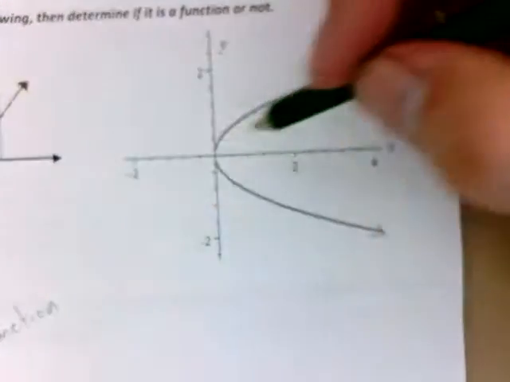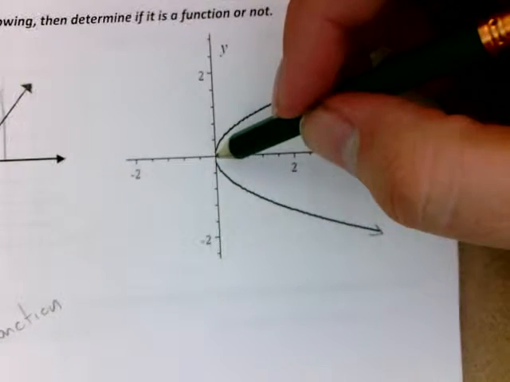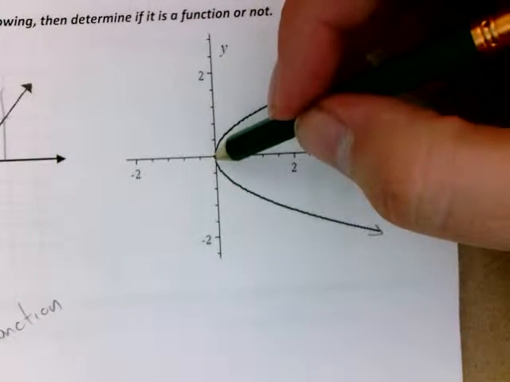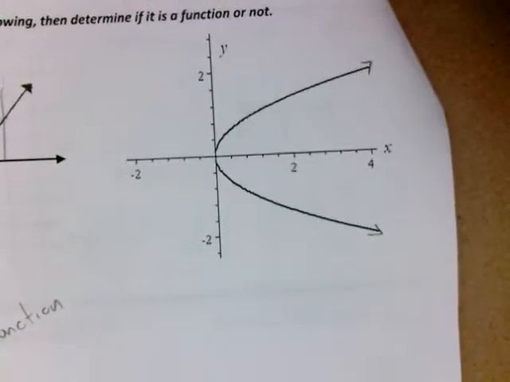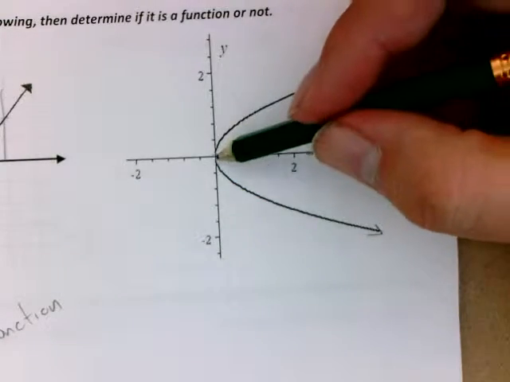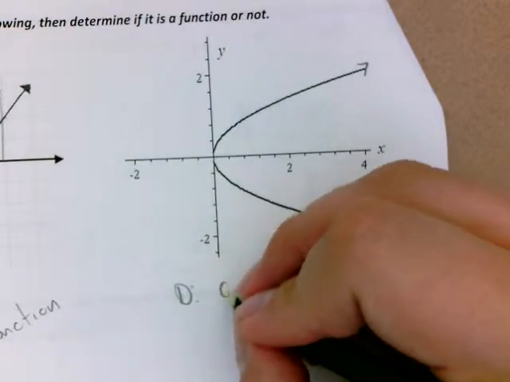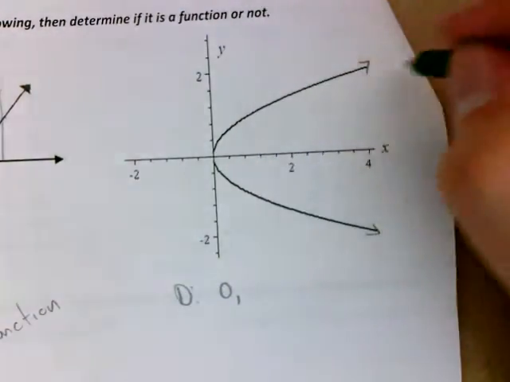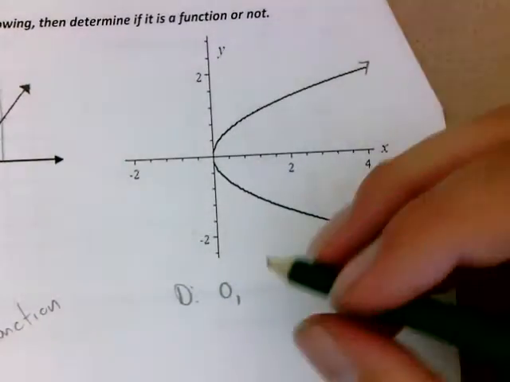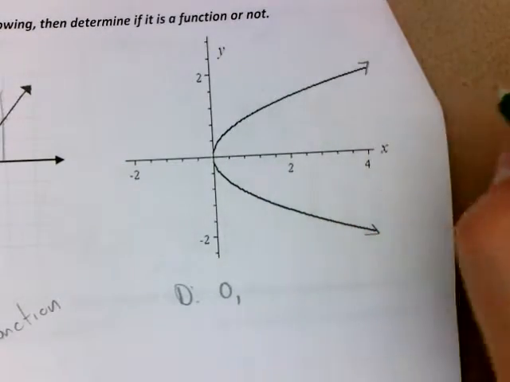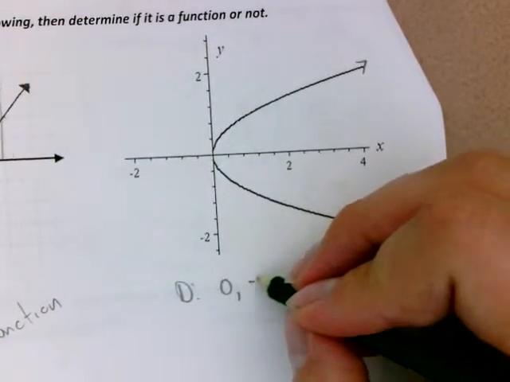I have no negative x's. There is no x values for this graph from here on this way. So, where did the x values start? Well, it starts at the 0. So the domain starts at the 0, and it goes forever this way. Since it's expanding forever to the right, it has to go to infinity.